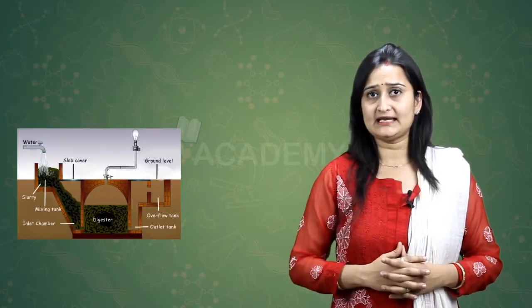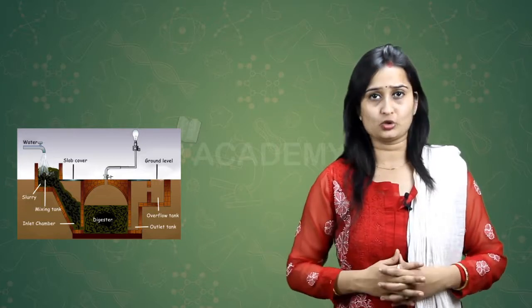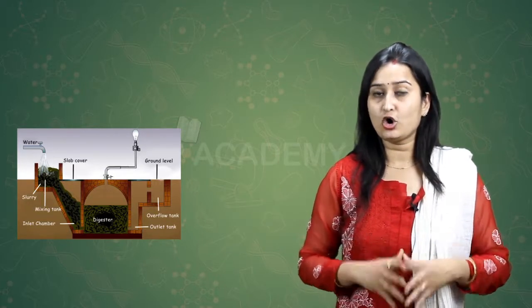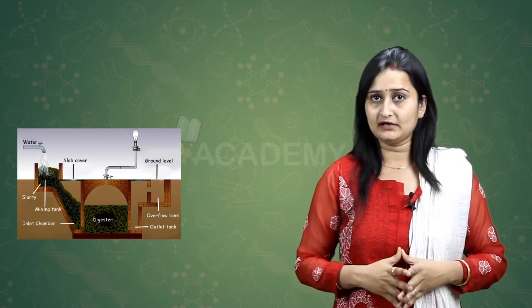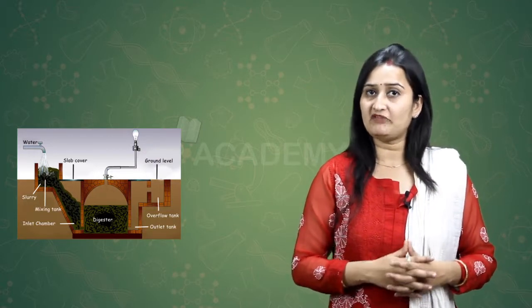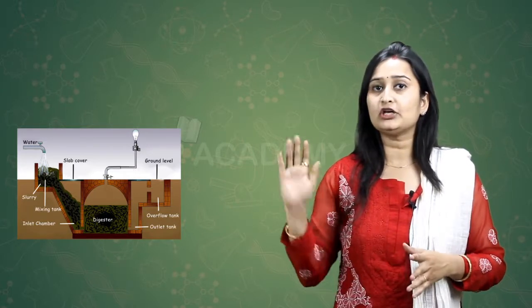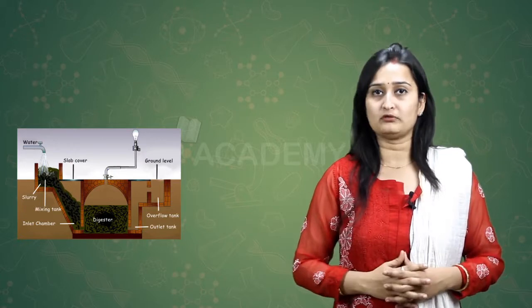You can see from the diagram. In this diagram, you can see that there are various sections shown. The main important section of this biogas plant is a digester. The digester is basically a well which is made up of brick. Now, this digester has a dome-shaped roof on top of it.